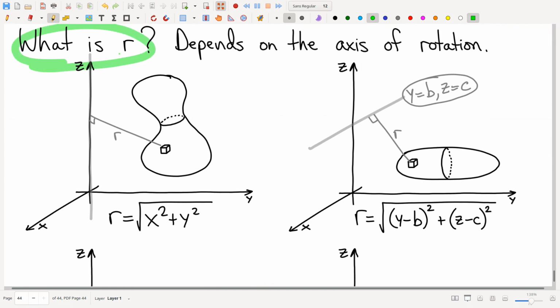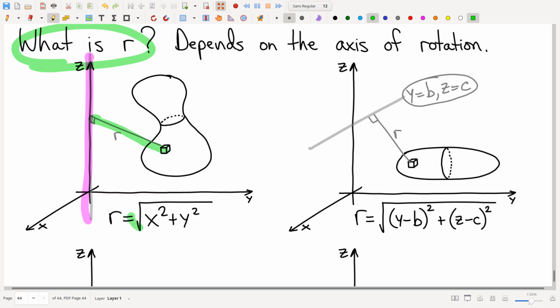So in this scenario over here, our first scenario that I've got written down, we're rotating around the z-axis. Perfect. In that case, r, distance to our axis of rotation, is literally the distance to the z-axis. It's literally the cylindrical coordinate r that we're already familiar with.